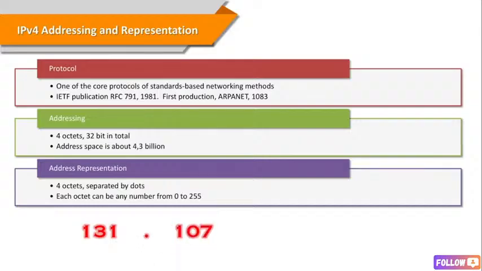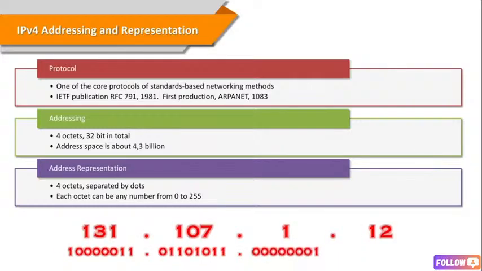IPv4 is represented by the decimal equivalent of 4 octets separated by dots. The biggest number one can make with 8 binary digits is 2 to the power of 8 minus 1. That means 255. So each octet can be any number from 0 to 255. Now, also there are special meanings associated with two different ending numbers.